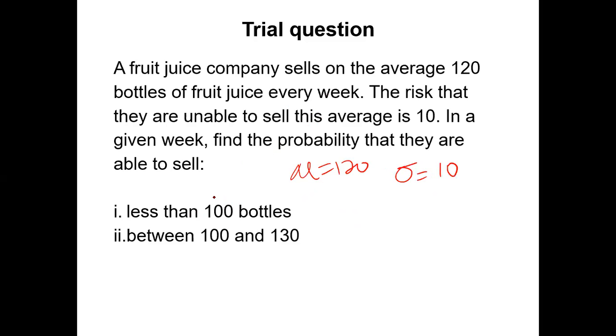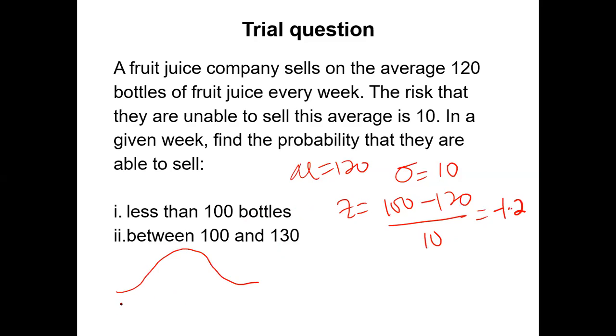So let's standardize the 100 bottles. So we have the z-score to be x, which is 100, minus the mean, which is 120, whereby the standard deviation is 10.